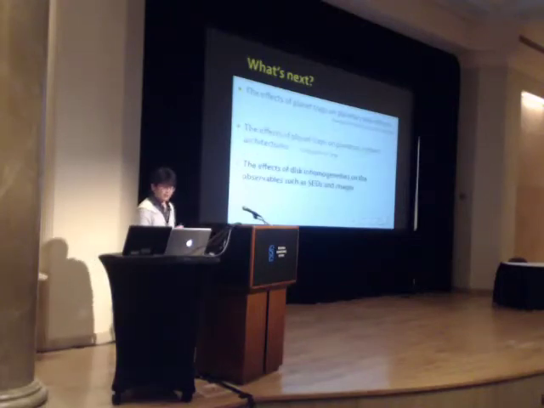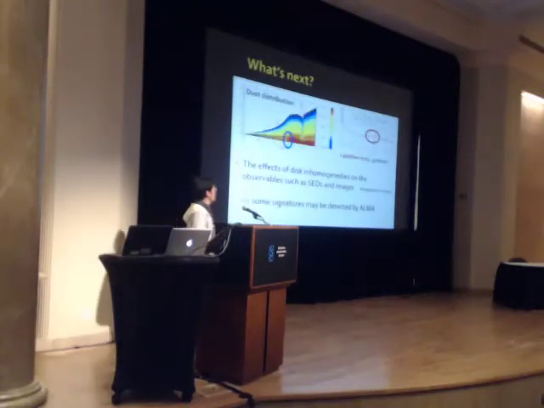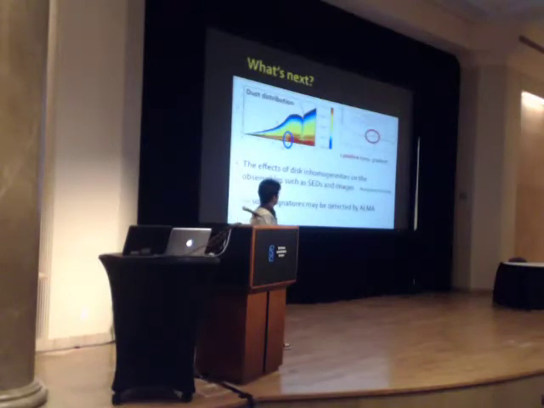And the last one is the effect of the disk inhomogeneity on observables, such as the SED or images. As we discussed before, if you incorporate the disk inhomogeneity, we can show some kind of feature like a positive temperature gradient. Now I'm working on calculating the SED. So I think maybe ALMA can detect some kind of feature.